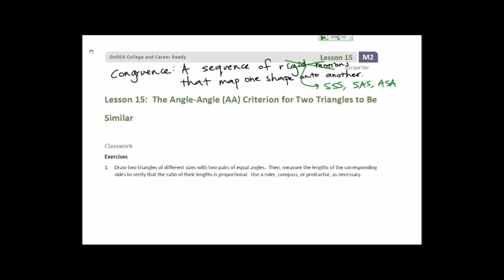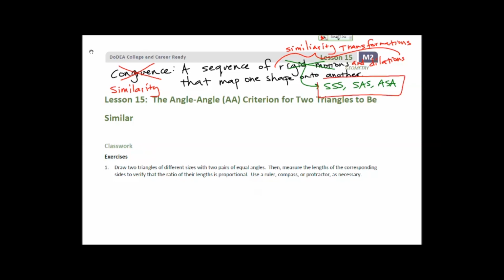We're going to follow the exact same path in this module, except instead of congruence, we'll talk about similarity. And instead of just rigid motions, we'll talk about rigid motions and dilations, which together are called similarity transformations. Today we're focused on this piece.